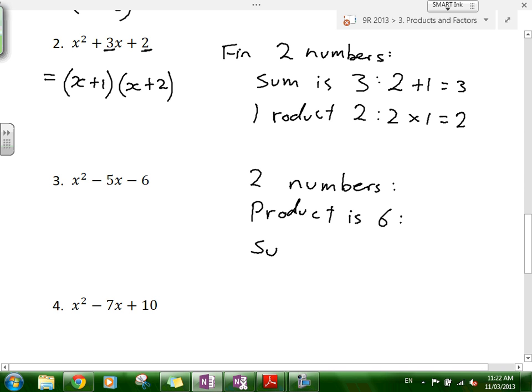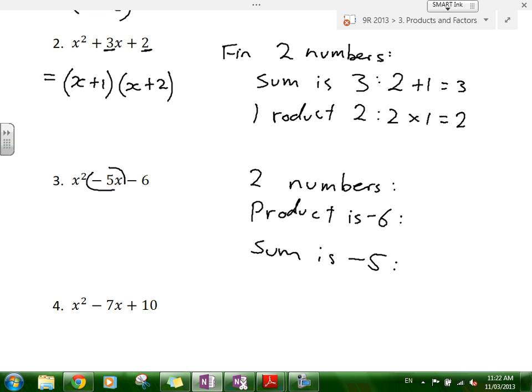Sorry, it's minus 6. And the sum is minus 5, and look at this middle term, it's minus 5. So what are two numbers that add to minus 5 but multiply to negative 6? Okay, this is where you have to start.